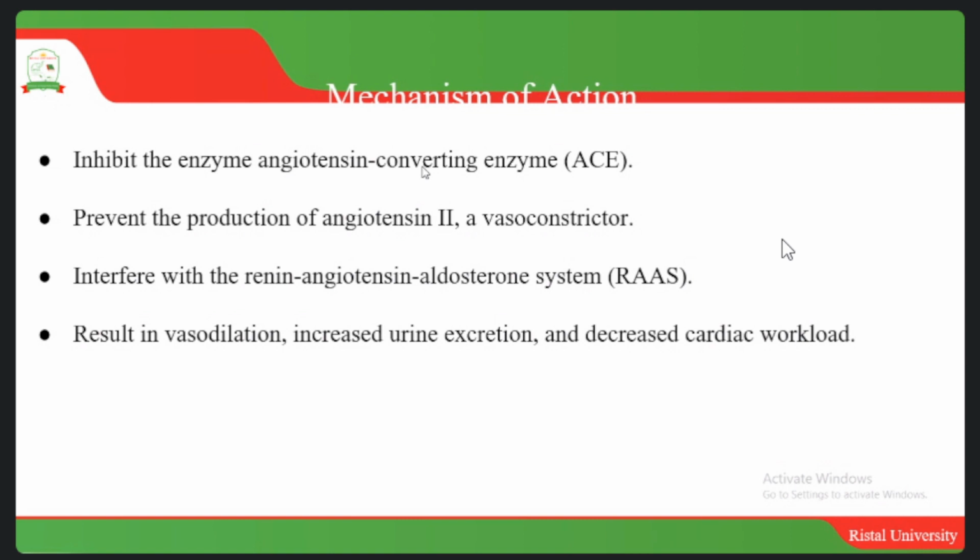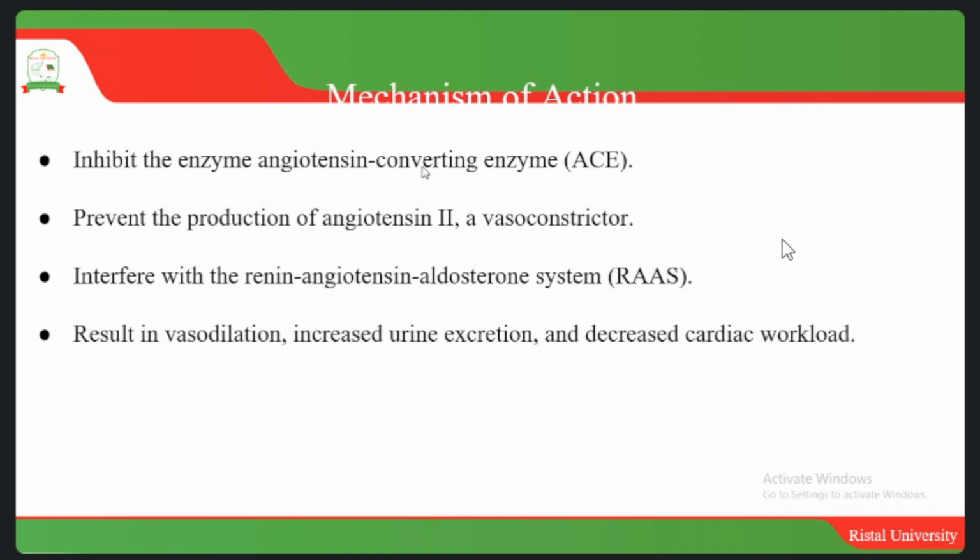and water. So there will be good excretion of sodium and water, whereby you will not have that increased amount of sodium, which will cause attraction of water, increasing the circulation of blood in the system, which will also increase the cardiac workload.